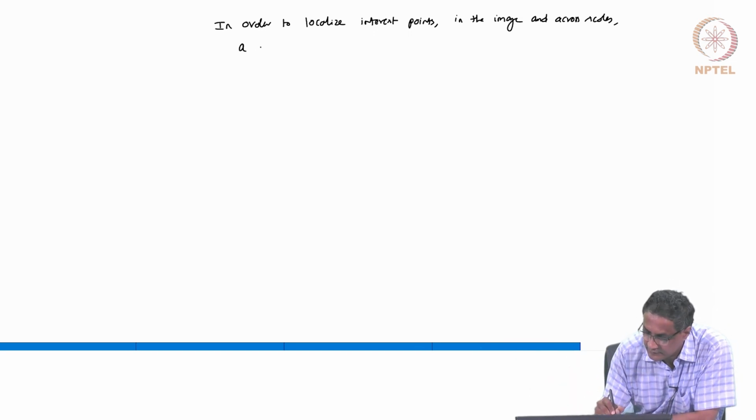A non-maxima suppression, NMS, in a 3 cross 3 cross 3 neighborhood, that is the same as what we have seen before, is applied.